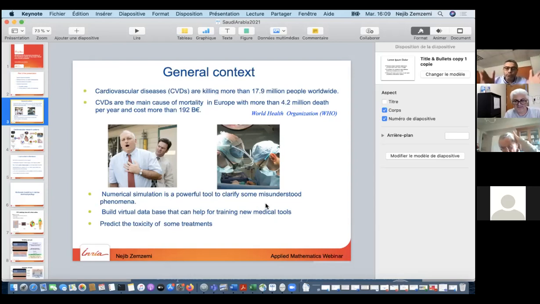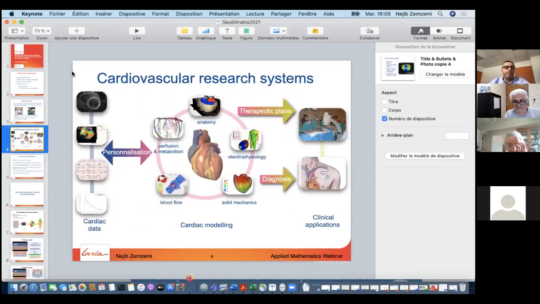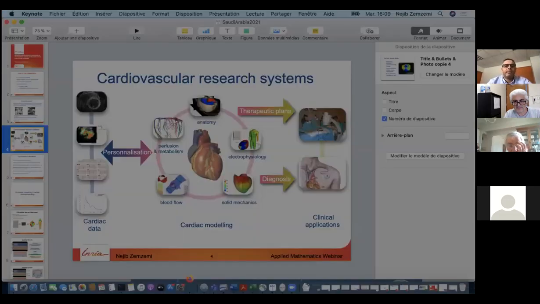It could also be used, as I will present, as a tool to predict the toxicity of some treatments.